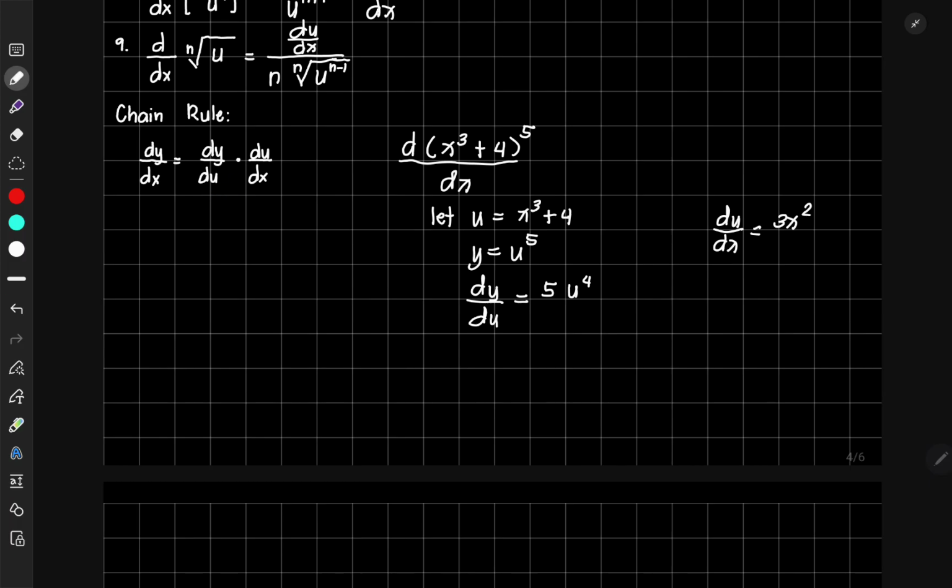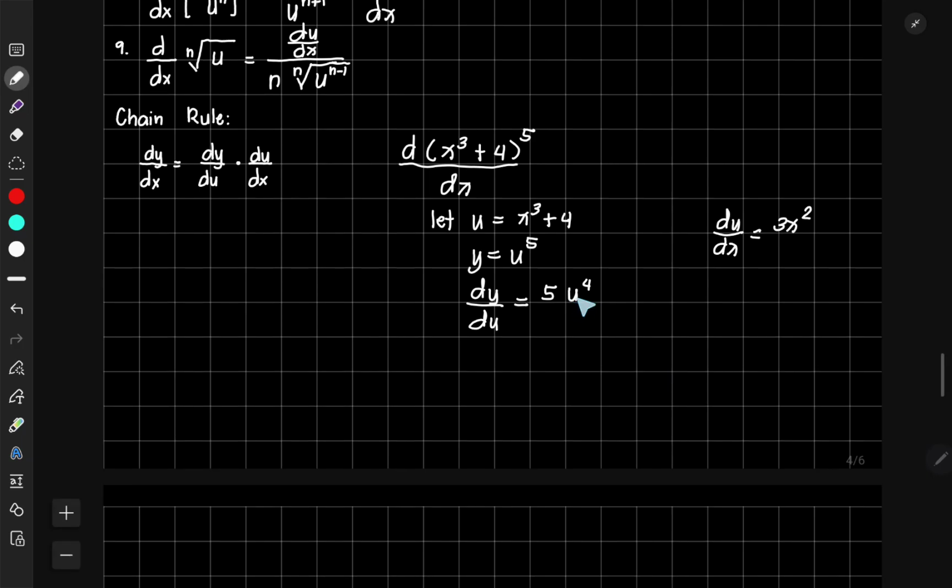Then, multiply natin yan. Pero before we have to multiply these two, itong dy over du, gawin natin siyang function of x, where our u from kanina is x cubed plus 4. So, substitute lang natin dyan. So, we have 5 multiplied by x cubed plus 4 raised to 4. Then, getting the dy over dx, for that, just get the multiplication of these two.